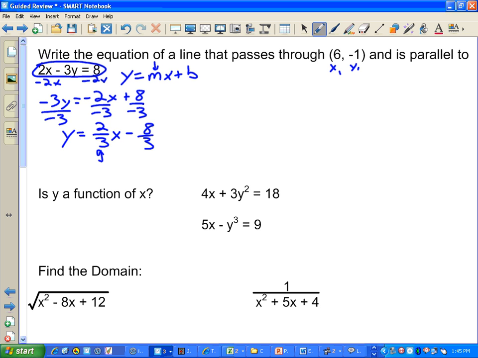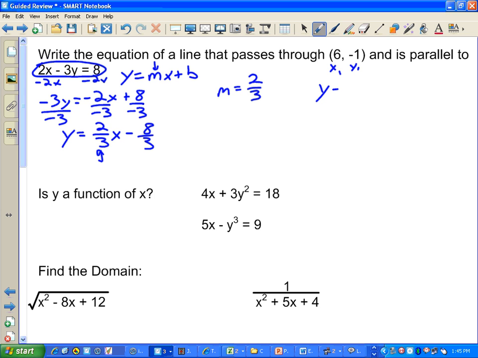And if I'm going to be parallel to it, I need the same slope. So the slope I will use is the 2/3. If I wanted to be perpendicular, I would have to flip my fraction and change the sign. So my perpendicular slope would be -3/2. Okay. But we're going to use the 2/3 because we want parallel.